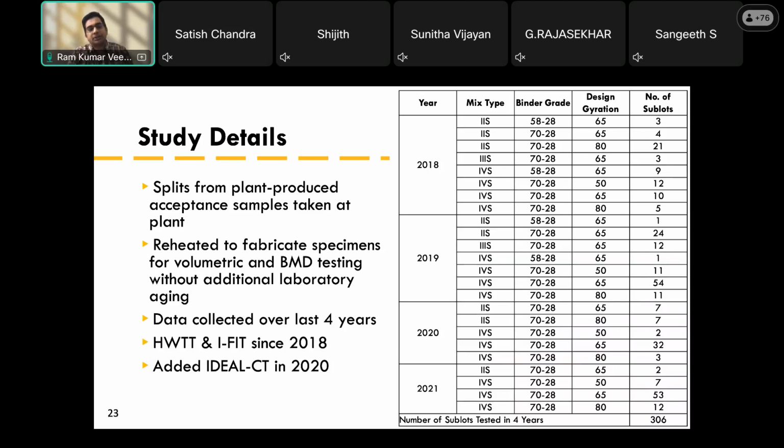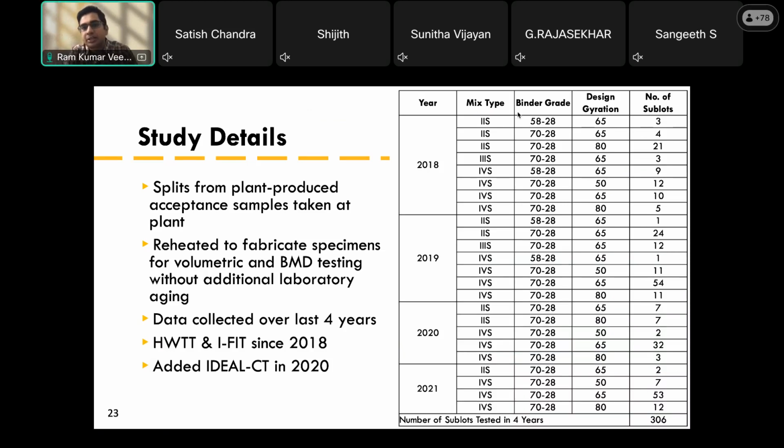For this study, all the samples used were plant-produced acceptance samples taken straight from the asphalt plant. As I mentioned before, the mixes were reheated and fabricated for volumetrics and BMD without any additional aging.